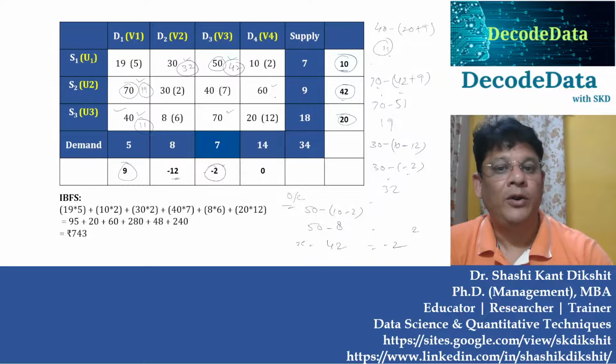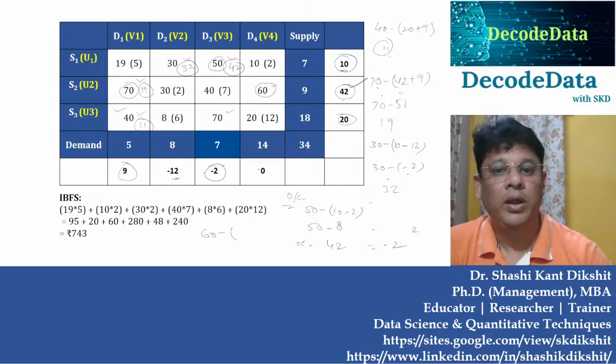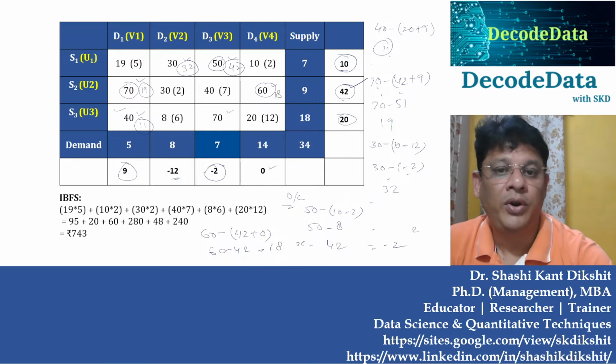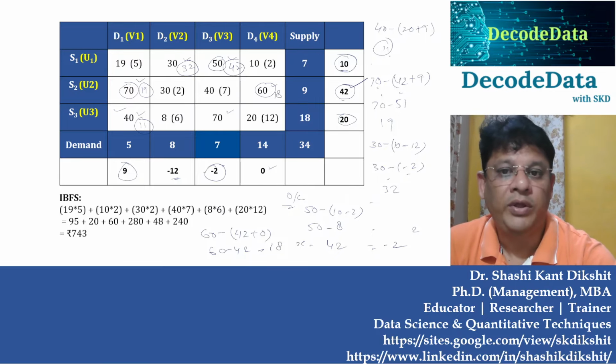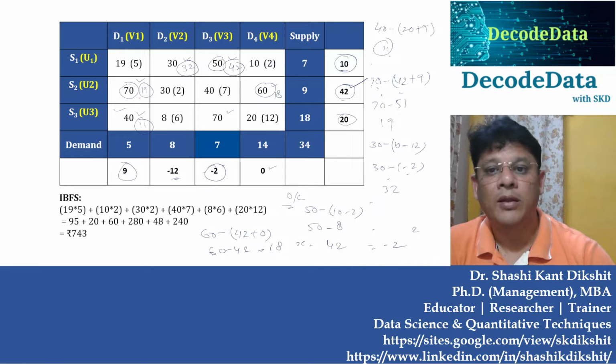Clear? Now let's move on to 60. So say 60 minus 42 and 0. 42 plus 0. So 60 minus 42, that is 18. So let's say this is 18. Clear? So now we have all costs, that is 19, 11, 32, 42 and 18.